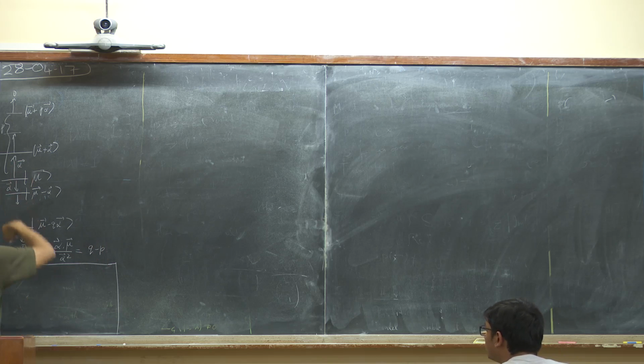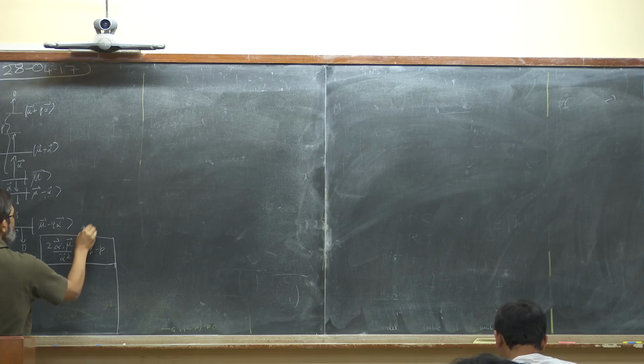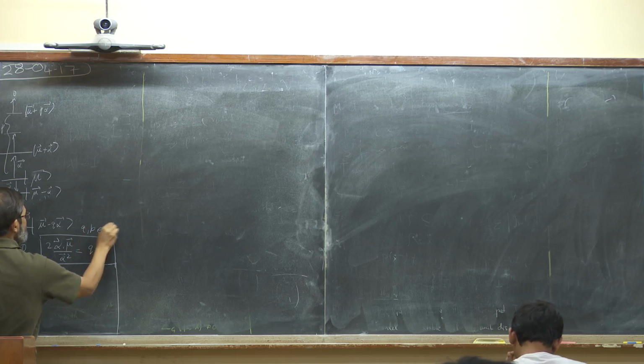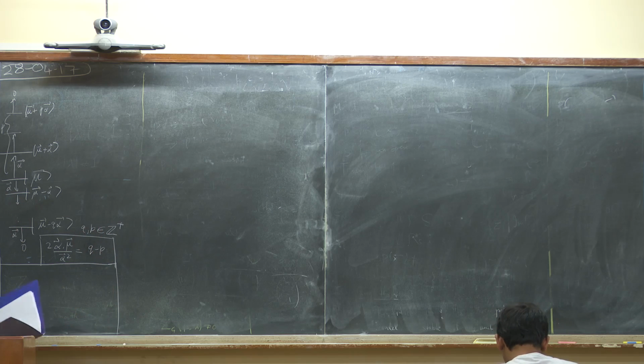Okay, so q is the depth and p is the height. This is the master formula which we'll keep using, and q and p are positive integers, so they belong to Z plus, non-negative integers.